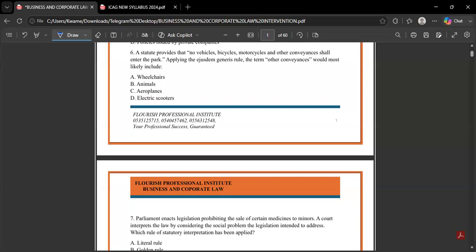So in order to make sure that the law is adequately applied or interpreted, the ejusdem generis rule is saying that the law may omit or may not give a full list of an issue it is trying to talk about. In that case, anything that is of that nature is covered. So the ejusdem generis rule literally means of that kind or of that nature.